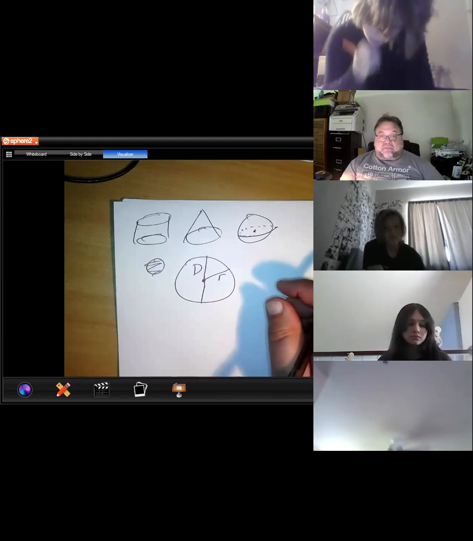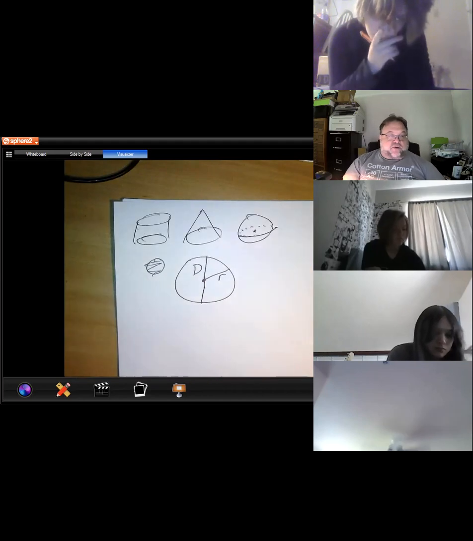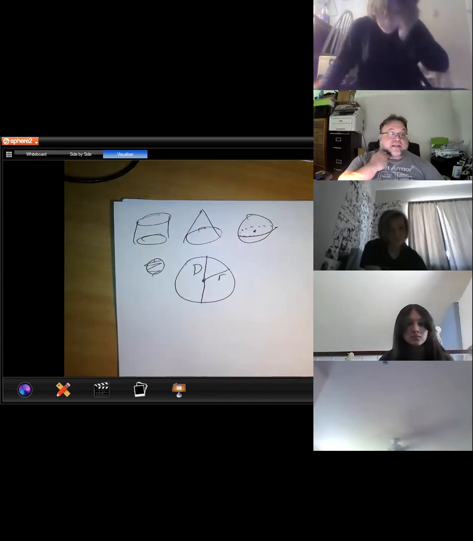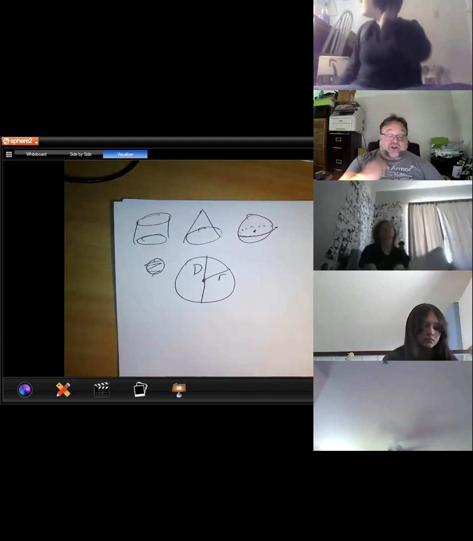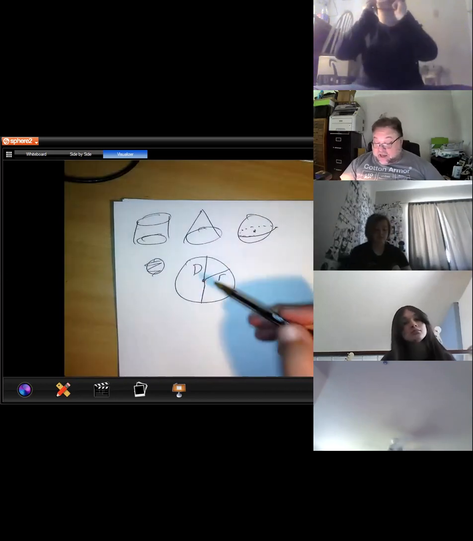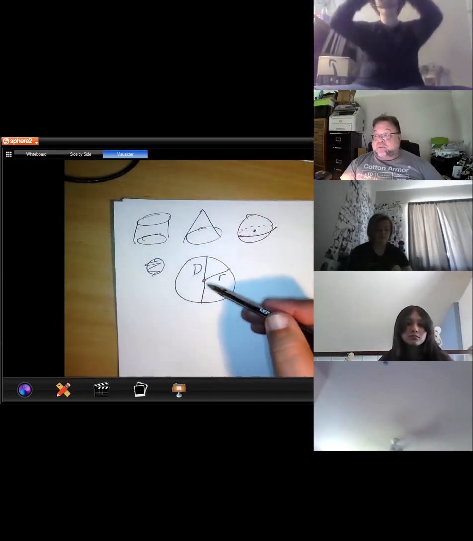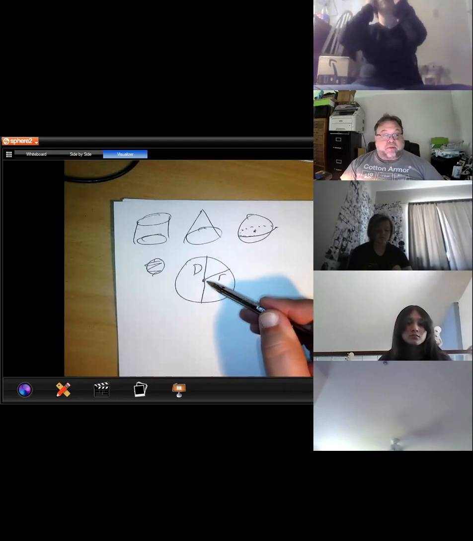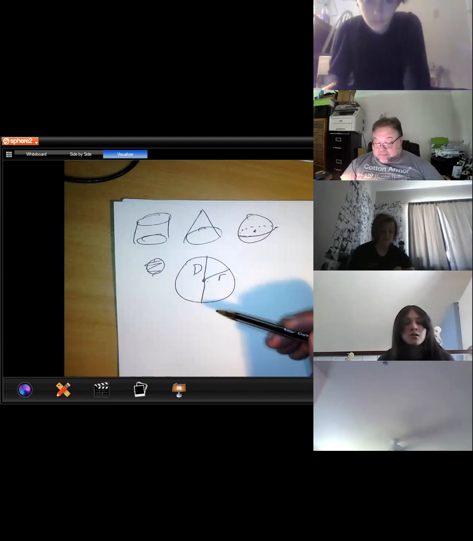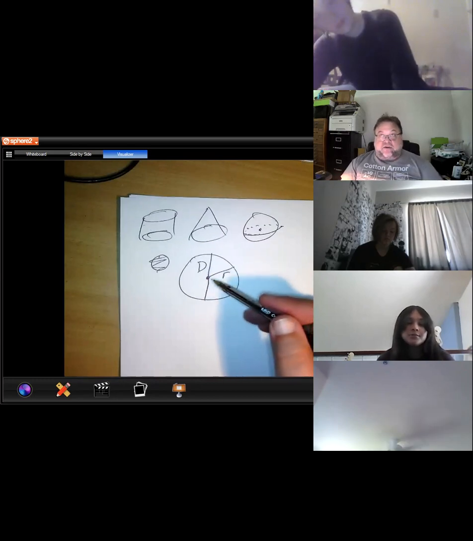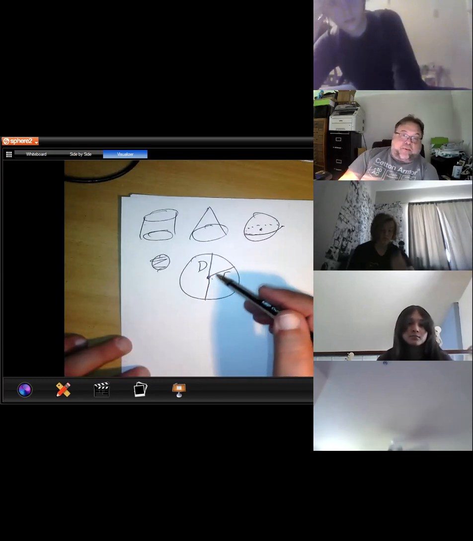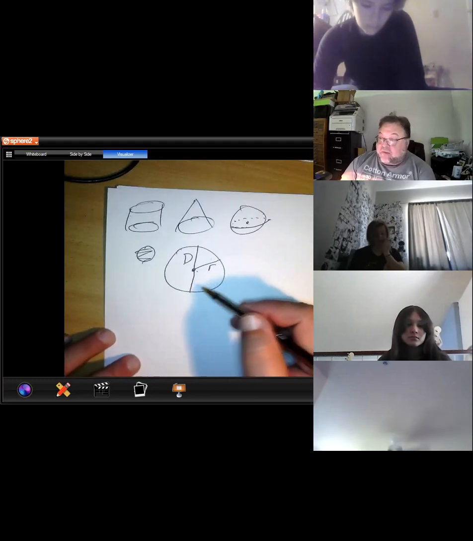A radius is half the distance across the circle because it starts at the center point and goes to the edge. The diameter goes all the way across, but passes through the center point. These are standard definitions or properties of a circle.